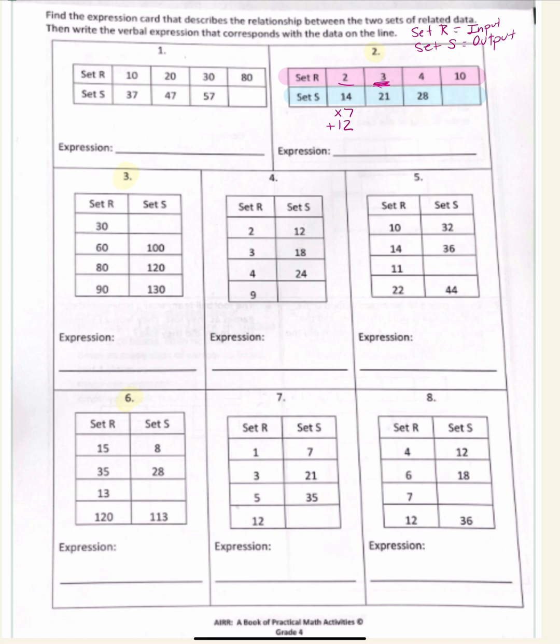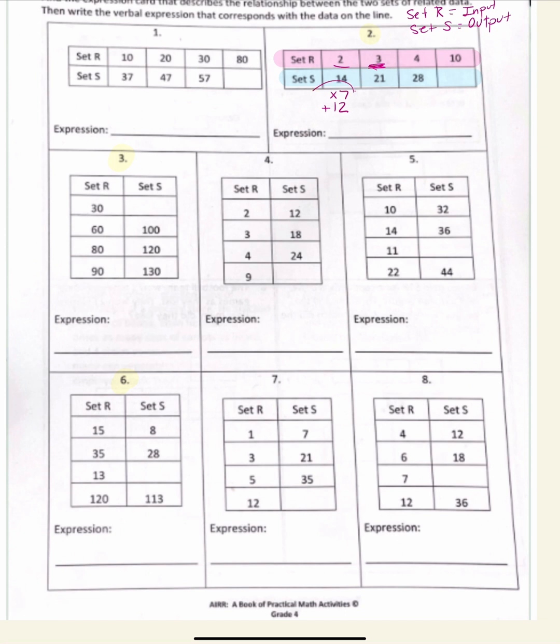So that one did work. Let's test our other one. What is 3 plus 12? Well, 3 plus 12 is 15, which does not match that right there. So out of these 2, my actual rule would have to be times 7, because that is the only rule that applies to the different input sections.